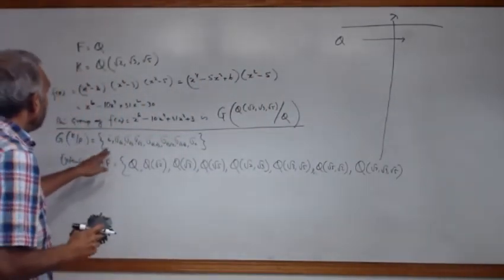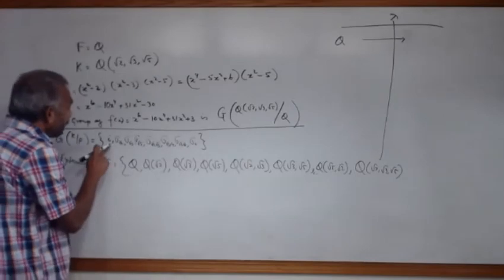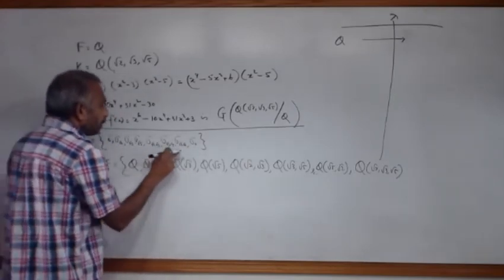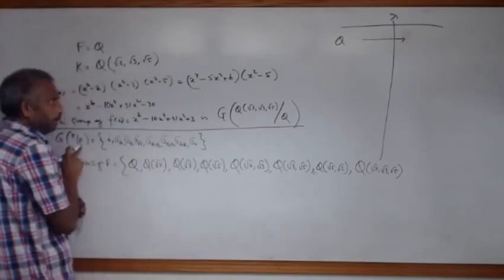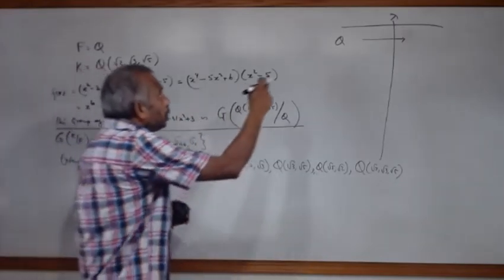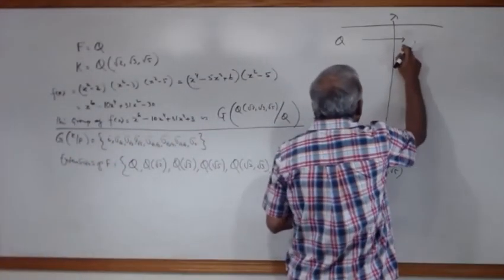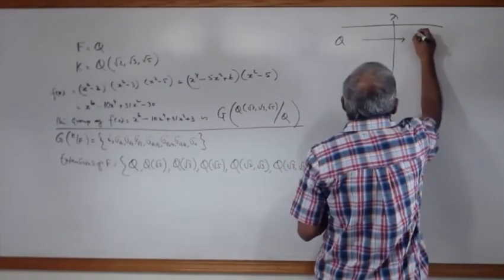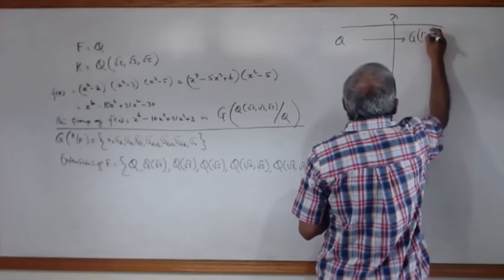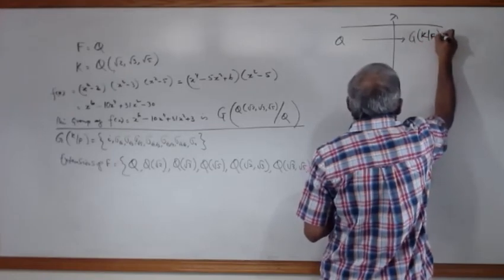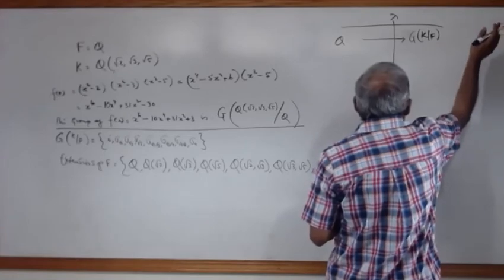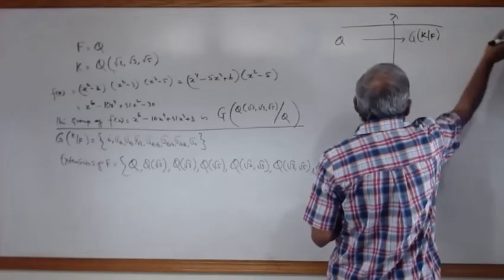Lambda Q is going to be, see, every automorphism fixes F. So Q is actually mapped to the G of K over F. That is the whole set of automorphisms.